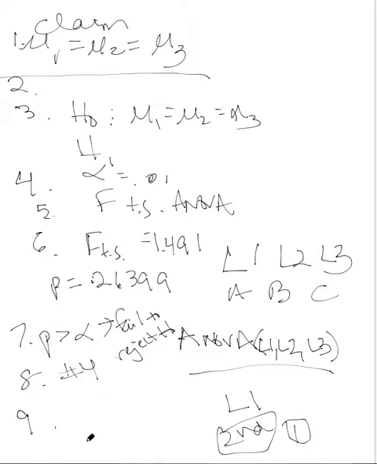So there isn't evidence to reject my claim, so it's possible that the three means are equal. So basically there's not much of a difference between the true mean weight loss provided by the three exercise programs. So actually that was a question asked up at the top. At the 1% significance level, does it appear that a difference exists in the true mean weight loss produced by the three exercise programs? And the answer is no.